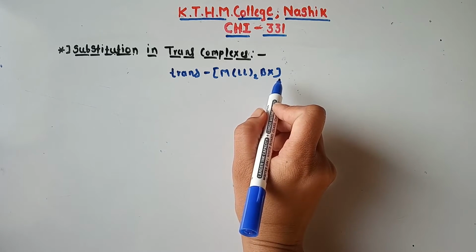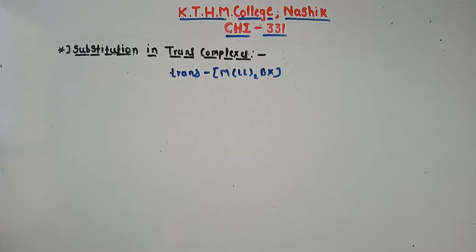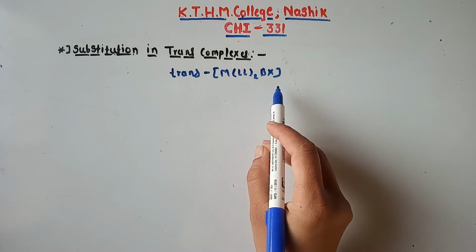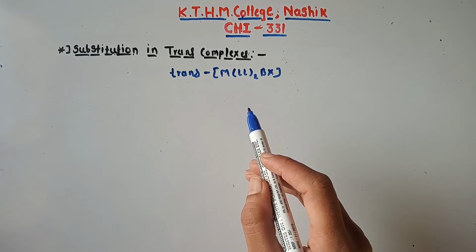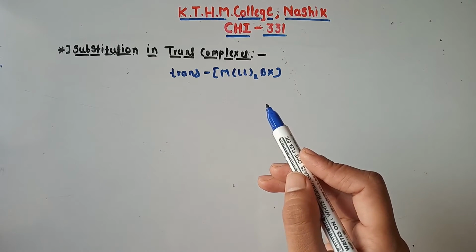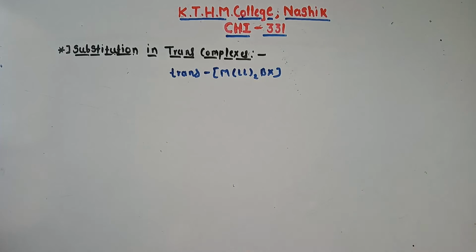Okay. So the substitution in trans complexes proceeds through three different pathways. If we take this example, that is trans-M(LL)2BX, in this complex, if we are seeing substitution, it proceeds through three different pathways. So let's start with the first pathway.